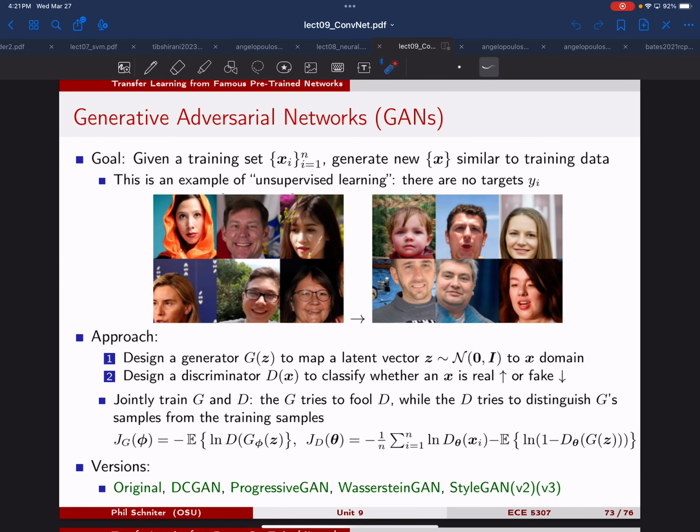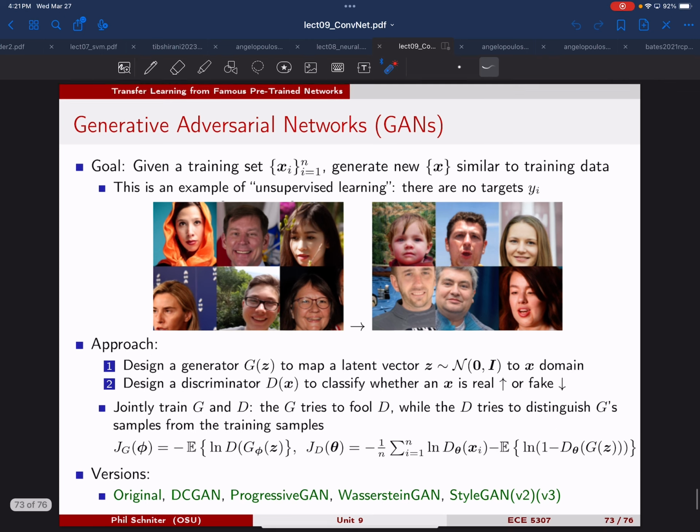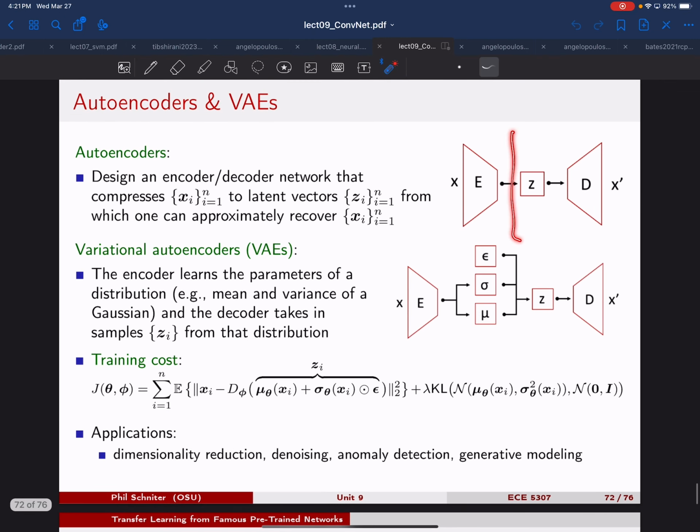A GAN is similar in spirit to this part. It takes in some random, usually Gaussian, zero mean, identity covariance, random Z, puts it through a network that expands that and generates some sort of images from a set that you want.